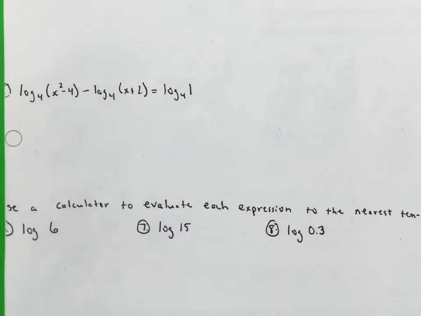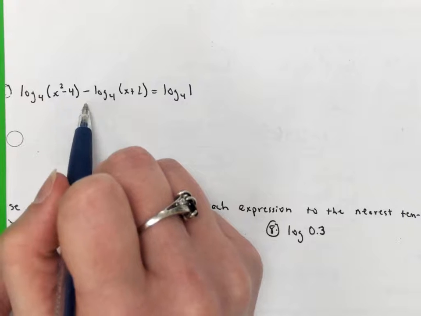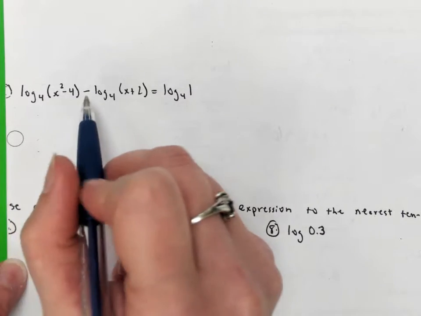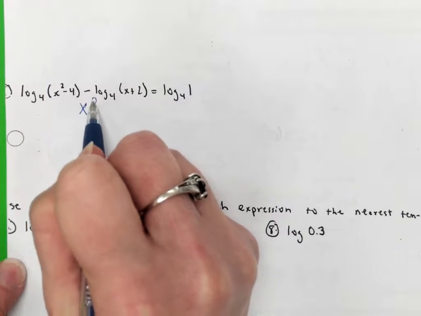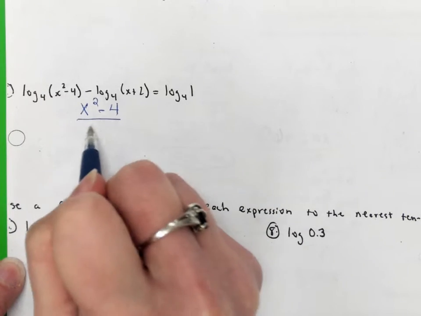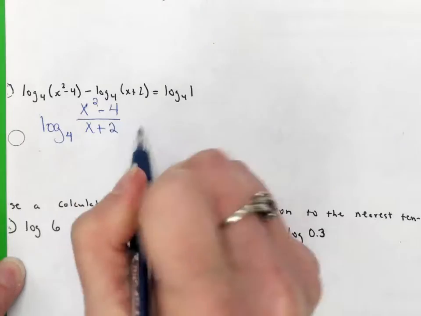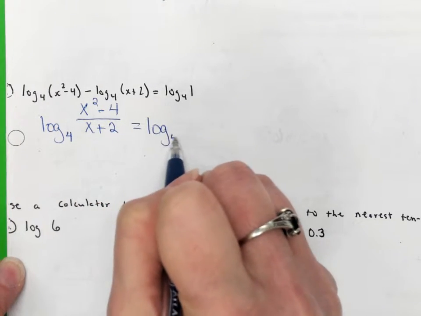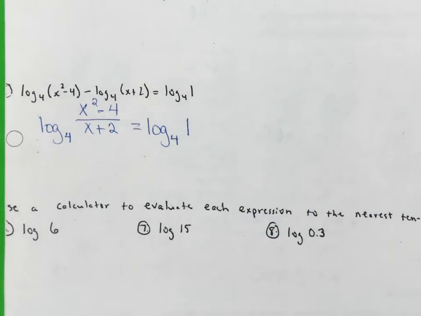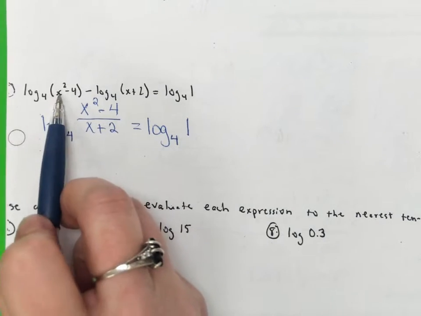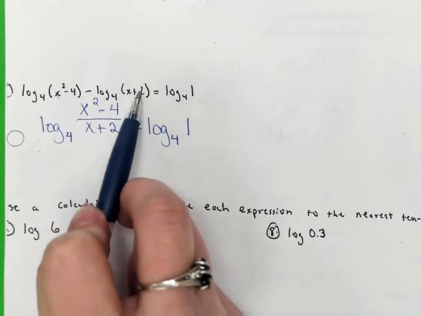What does subtraction mean to do? It means to divide them, right? So I have x squared minus 4 and x plus 2. Right here. Subtraction means division. I just divided those two.